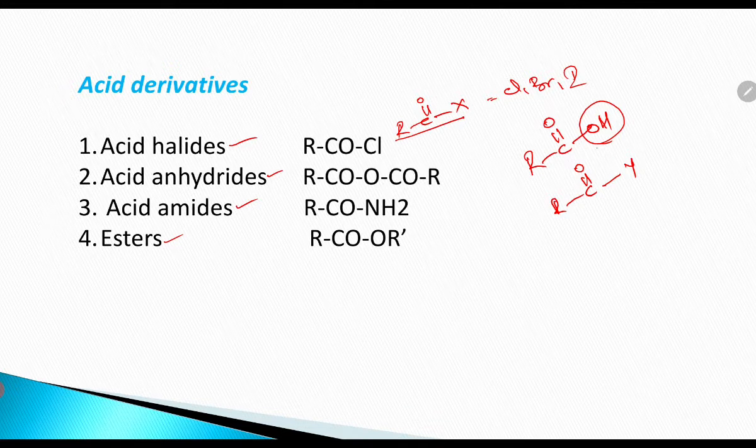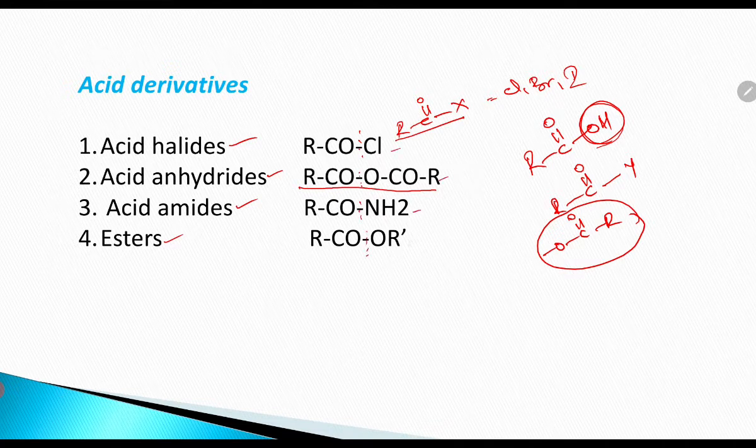Suppose this OH group of the carboxylic acid is replaced by the OC double bond O R group, then they are called acid anhydrides. See here, this part is from the carboxylic acid, and these are substituted in the place of the OH group.